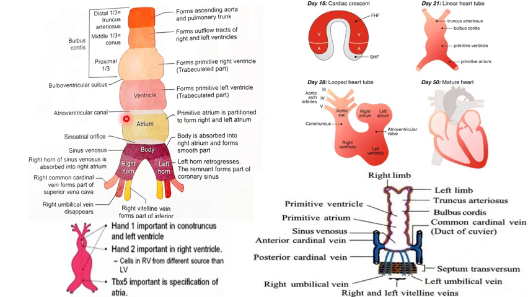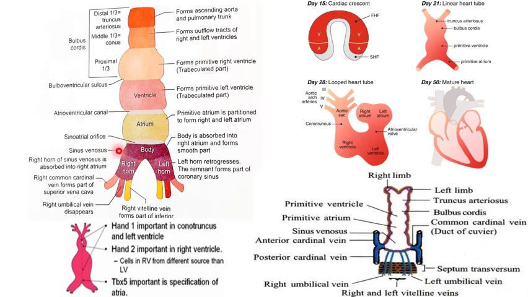And then there is a constriction between the primitive ventricle and the primitive atrium, which is the atrioventricular canal, where the ventricle and the atrium are in connection. And the atrium and the sinus venosus are connected by the sinoatrial orifice. So there's a constriction again between the primitive atrium and the sinus venosus.